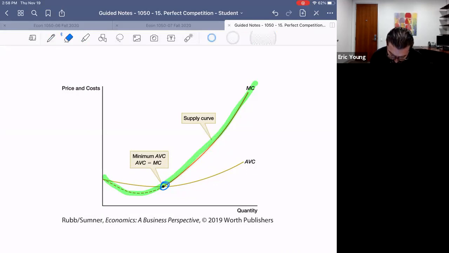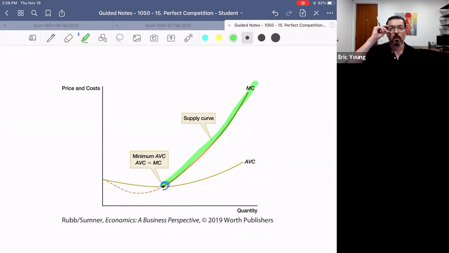So the firm will not produce right there. Therefore, what's left over, which is what the firm will supply, which is therefore the supply curve, is simply the portion of the marginal cost curve that lies above the shutdown point. That, my friends, is how we derive the firm's short-run supply curve.